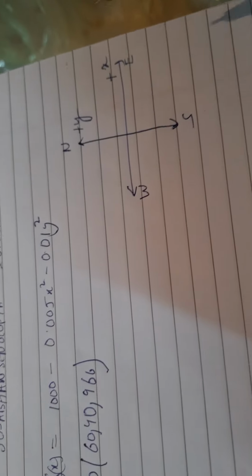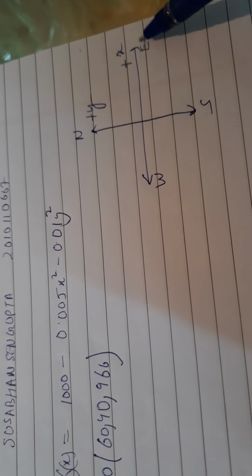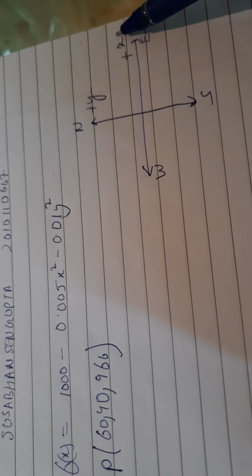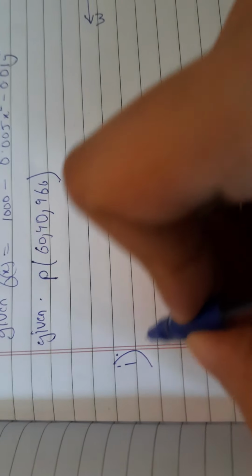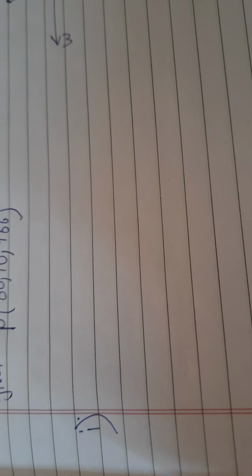We take north as the positive y-axis and east as the positive x-axis. In the first part, we have to find what happens if we walk down south: will it ascend or descend, and at what rate.